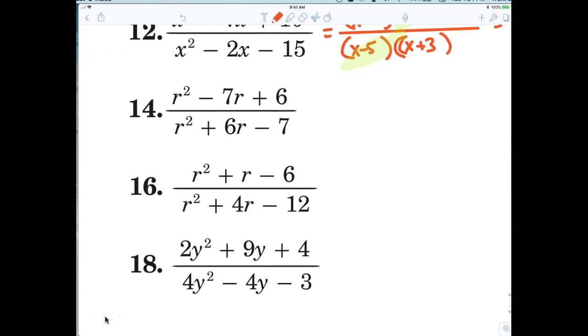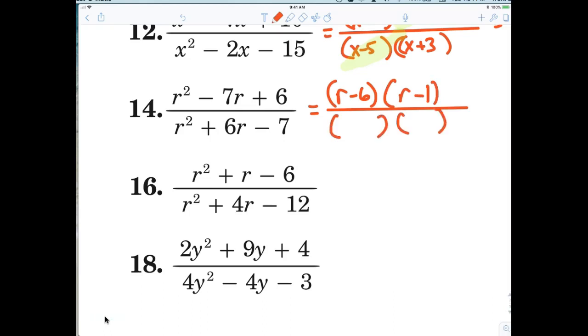All right, everybody take a look at 14, please. Tell me what it factors. What's the numerator? Yes, r minus 6. And the denominator is?